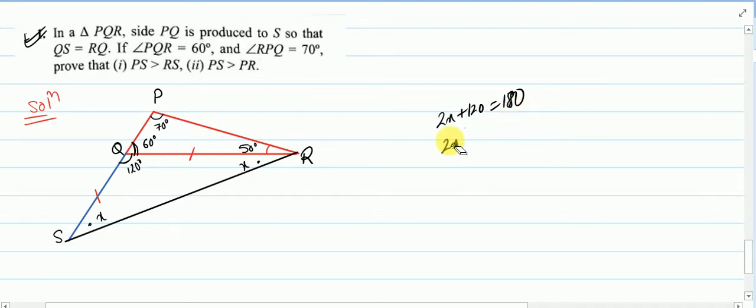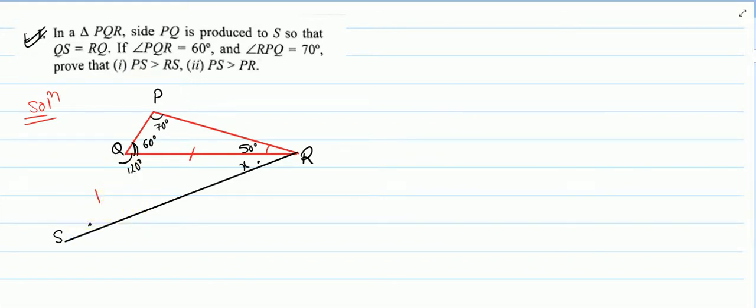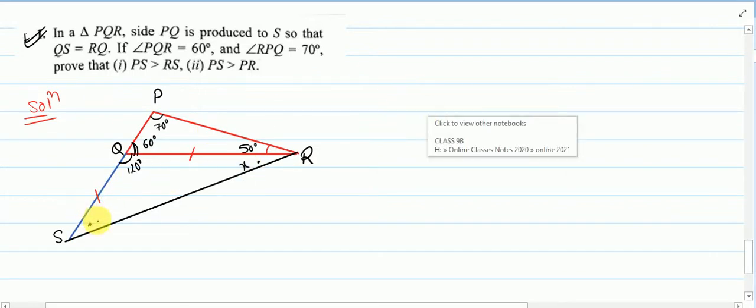Okay, so this is 30 degree and this is also 30 degree. Okay, now we have to show that PS is greater than RS.